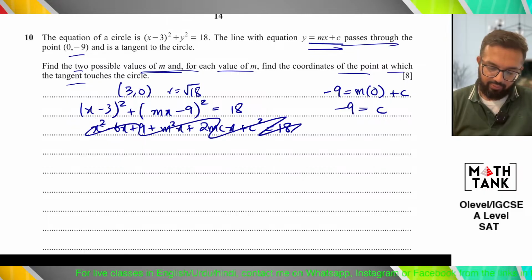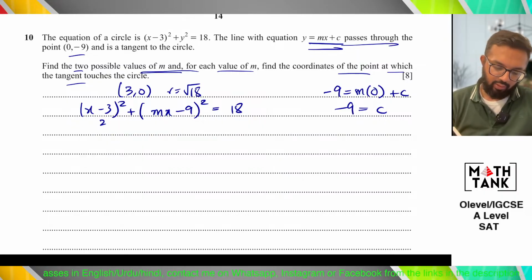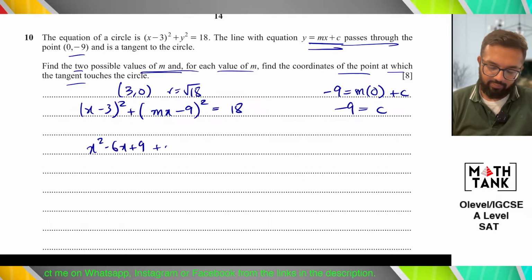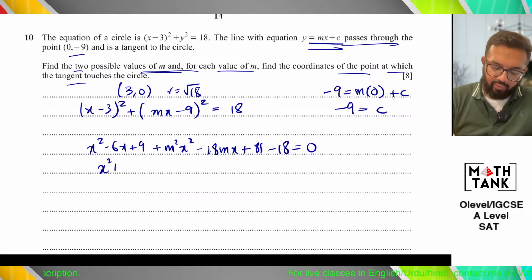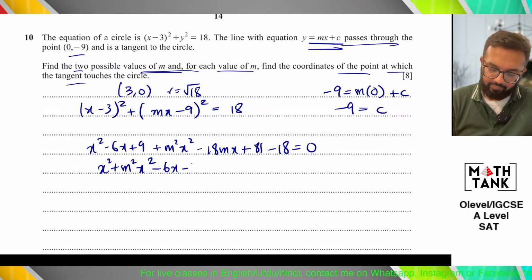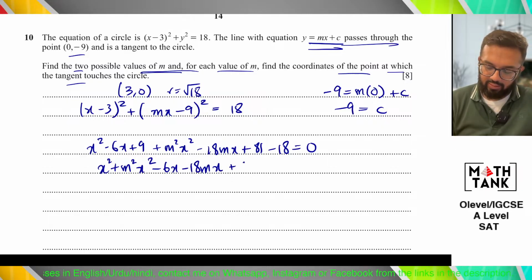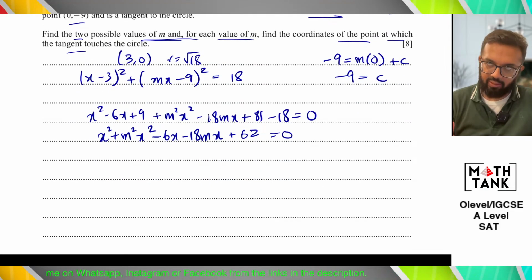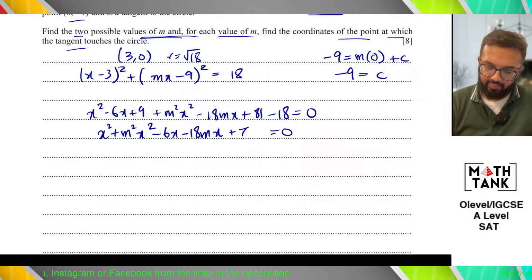Okay, I think I should do this again. x squared minus 6x plus 9 plus m squared x squared minus 18mx plus 81 minus 18 equals 0. I think I have enough to work with in terms of quadratics. 9 plus 81 minus 18 is 72.